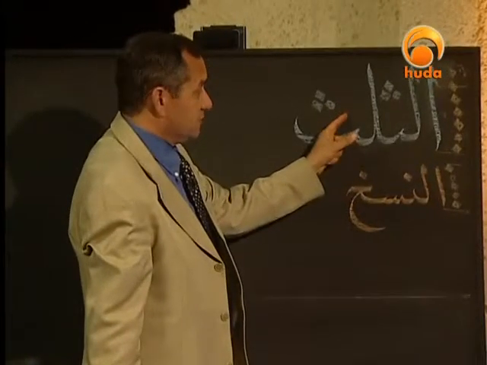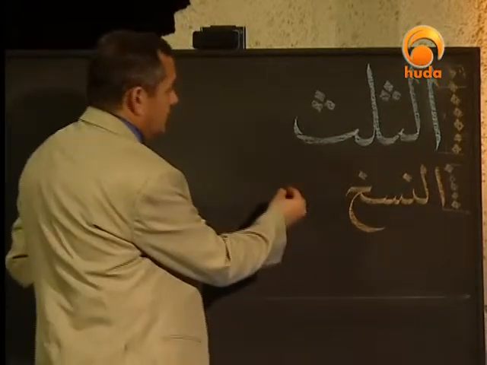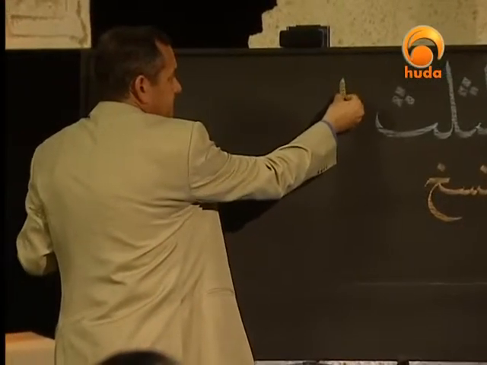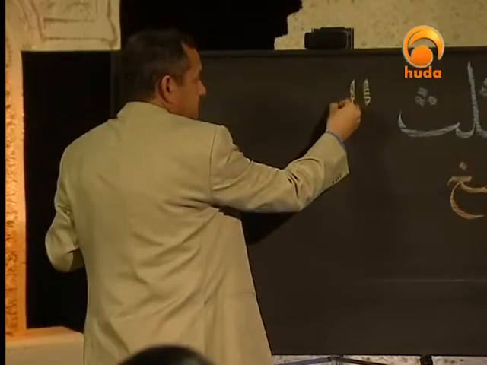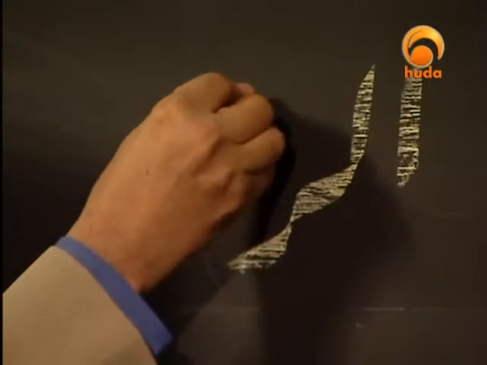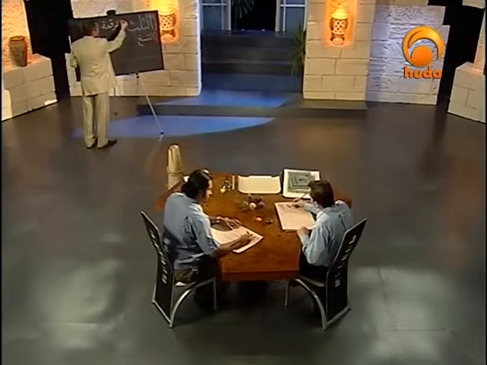So the first masters of the Arabic calligraphy styles are al-thuluth, al-nasakh, riq'a. This riq'a, the measurement is 3 dots as a height.